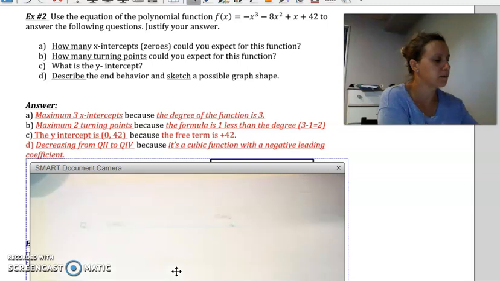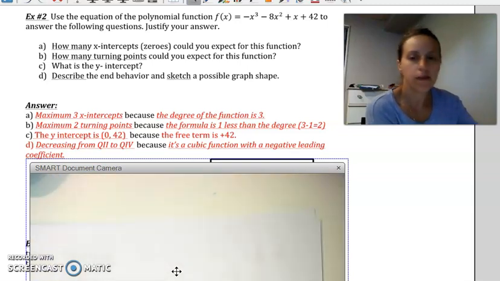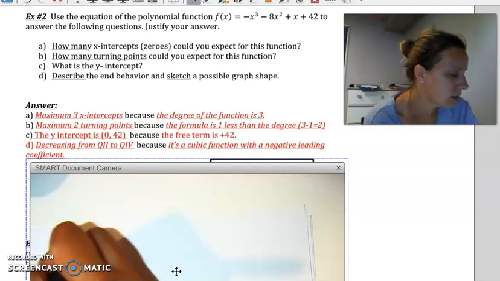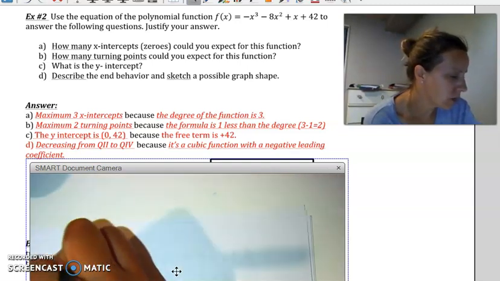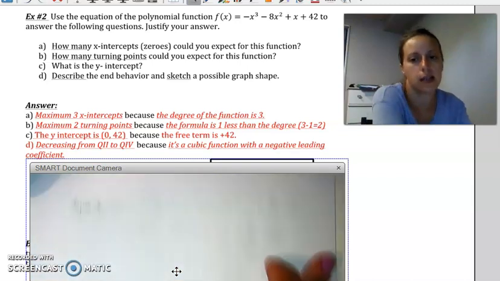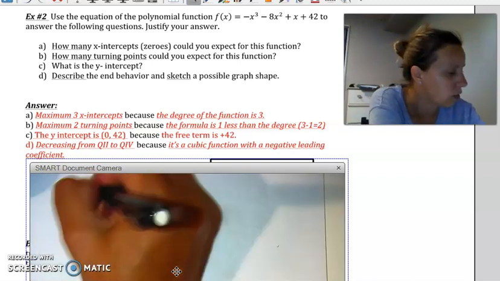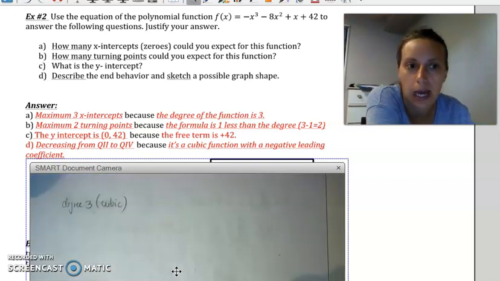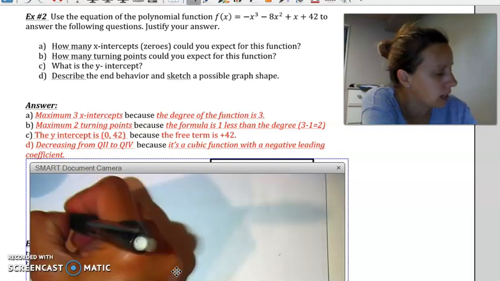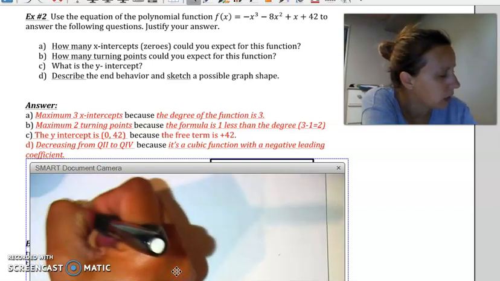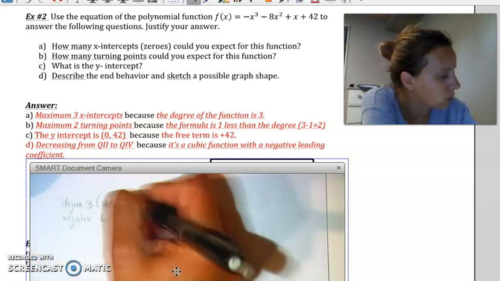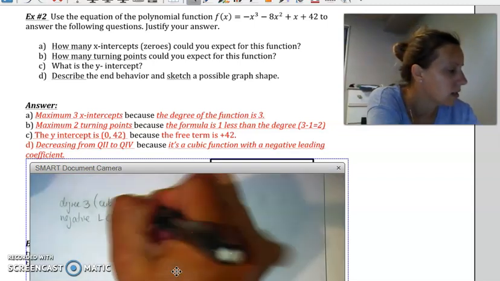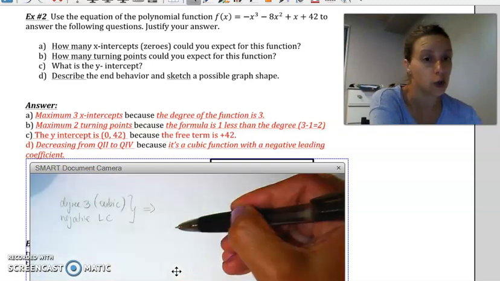You say the type of function, so you say the function is a degree 3 function, or you can say it's a cubic function, or you can say cubic. Okay, and you can say what type of leading coefficient. So you can say negative leading coefficient.